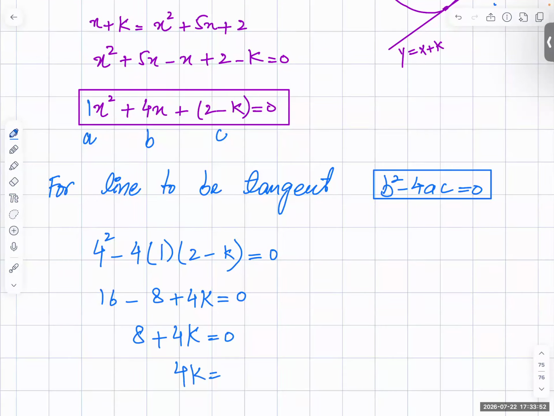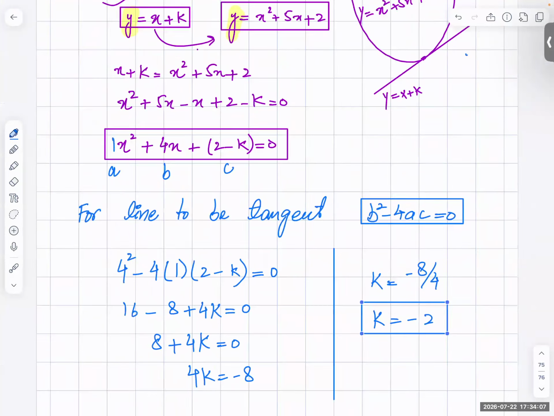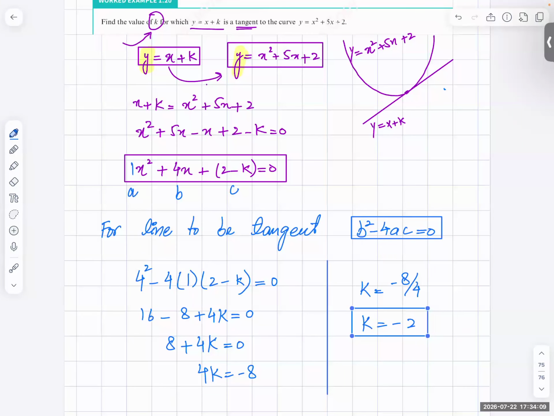That is 4k equals minus 8. Then k is equal to minus 8 by 4, giving us minus 2. So the value of k in this scenario is going to be minus 2. I hope it's clear. Yes? Ayan, is it clear, beta?